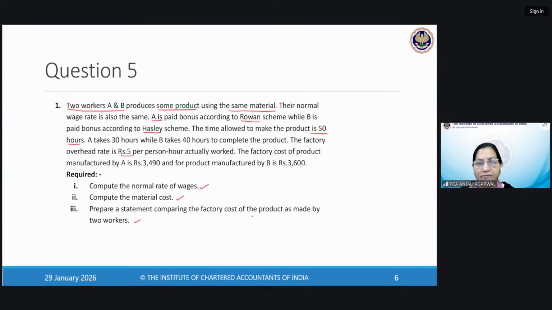Therefore, the factory cost is a little different. It's 3490 for A and 3600 for B. So let's see how we will calculate the normal rate of wages, the material cost, and how we will compare the factory cost of the product as made by the two workers.